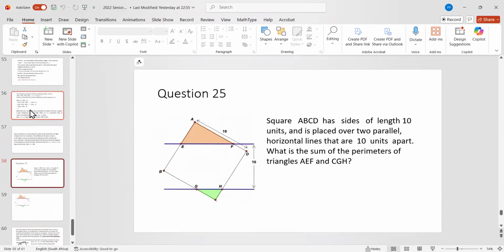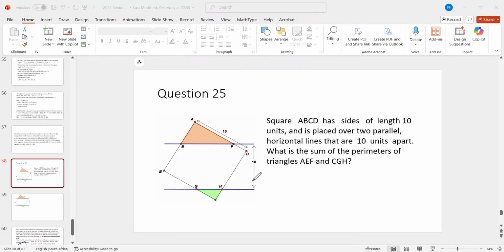Okay, now we get on to the last question, which is question 25. This looks like a geometry question. You've got square ABCD with side length 10, as you can see written here, and it is placed over 2 parallel horizontal lines, and they are 10 units apart.